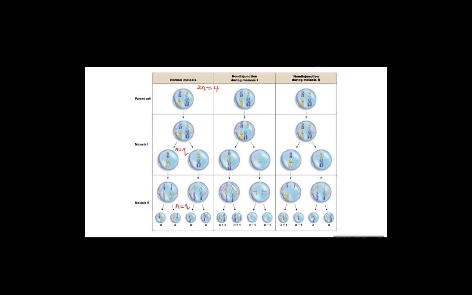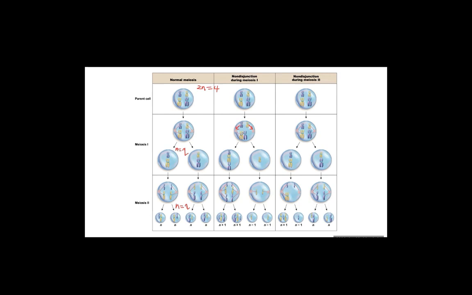No mistake, no error. But look at non-disjunction during meiosis 1. A pair of homologous chromosomes is supposed to align at the equatorial plate, and then separate, toward each pole. In this pair of homologous chromosomes, there is no problem. One member of the homologous pair moves to this pole, the other member moves to the other pole, good. But the other homologous pair did not separate.